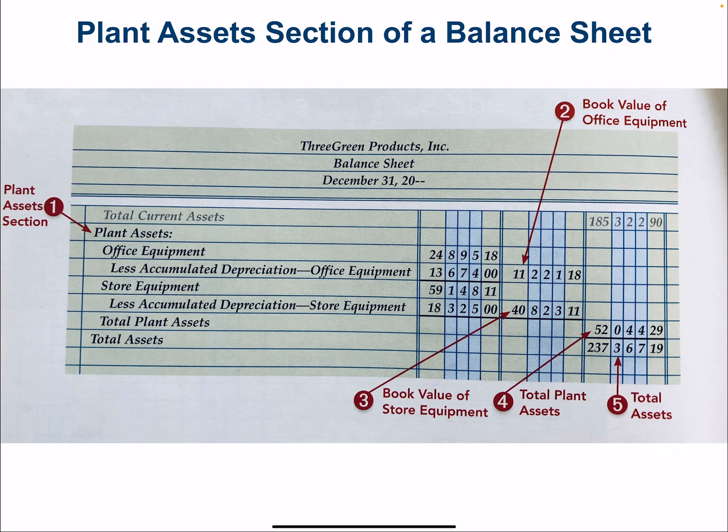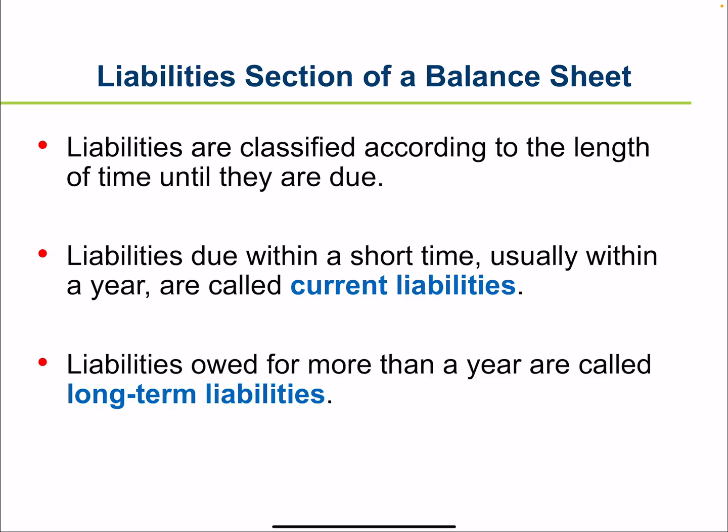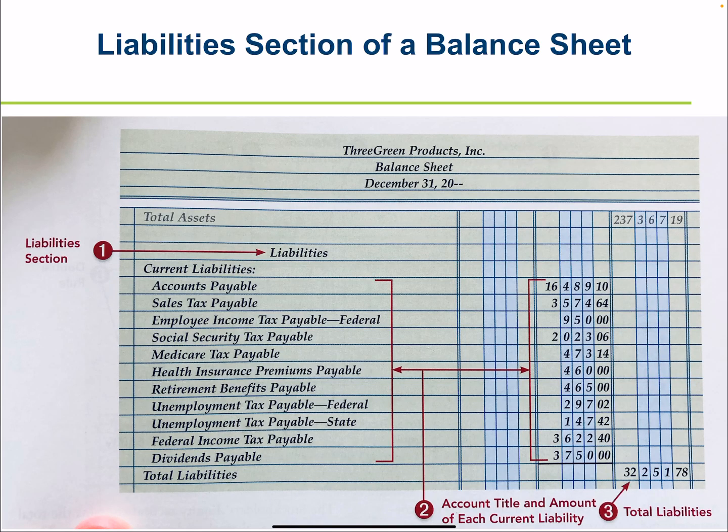Remember, the balance sheet covers our accounting equation. Assets equals liabilities plus owner's equity. Liabilities are classified according to the length of time until they are due. Liabilities due within a short time, usually within a year, are called our current liabilities. Liabilities owed for more than a year are long-term liabilities. On our balance sheet, the second section is our liabilities.